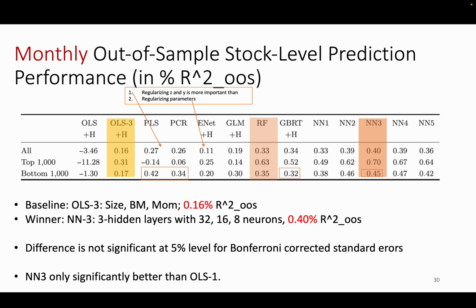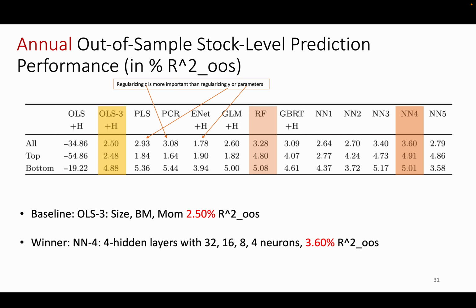Good. As much as I love the table, let's move on. Let's look at the annual out-of-sample R squared. The first thing you know from our previous modules is that the longer the forecast horizon, the bigger the R squared. That's exactly what we are seeing here.